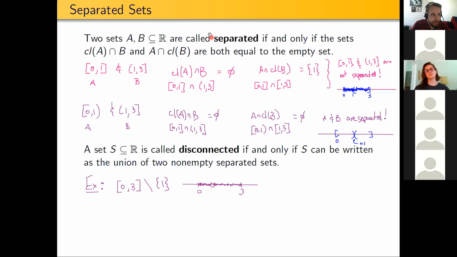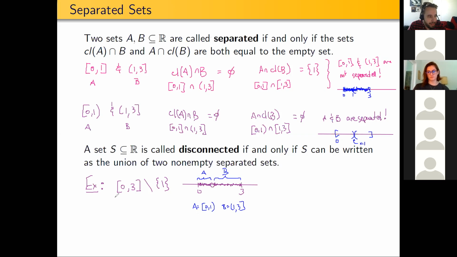And to be crystal clear, I can define this set as my set A, this set as my set B. And so specifically, I can say A equals 0 to 1, not including the number 1. B equals 1 to 3, not including the number 1.